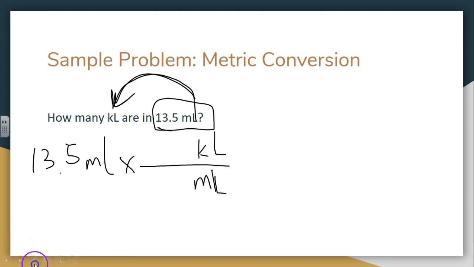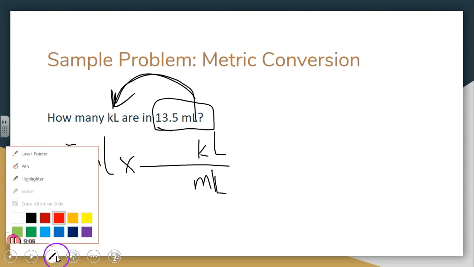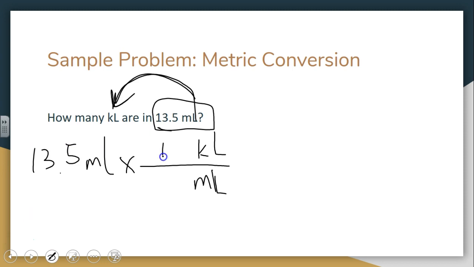So now we will call this up. And we do the same thing, just like we did. So it was 1 kiloliter is equal to 1,000,000 milliliters. And so that was step 4. And now step 5 is to do the math. So in order to do the math, we break out a calculator and we do 13.5 times 1 divided by 1,000,000.